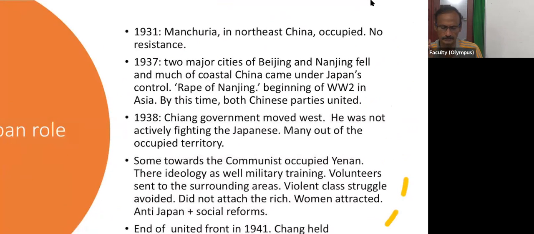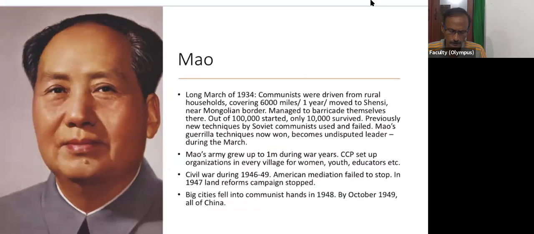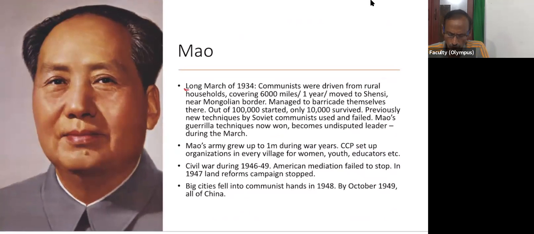What kind of fight did he have with the nationalists? One important development in the growth of communism was the Long March of 1934.